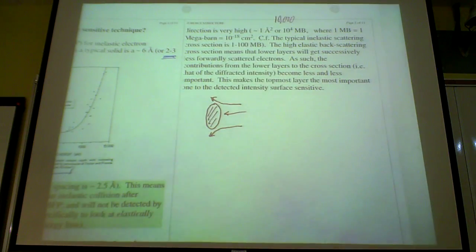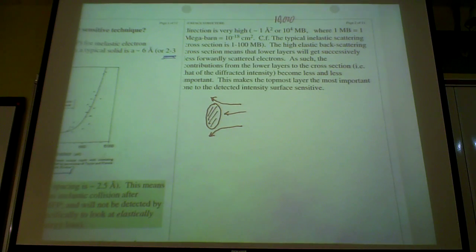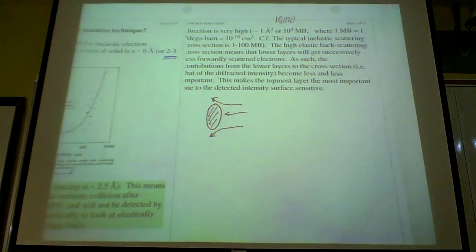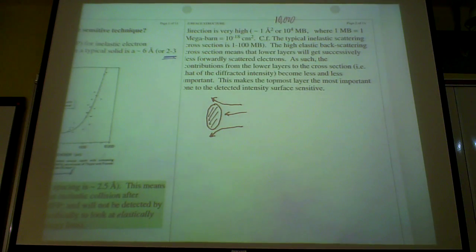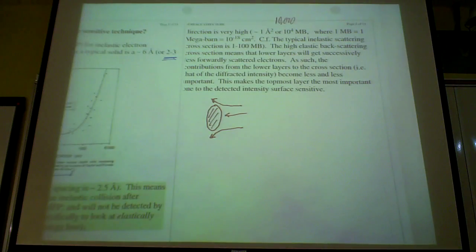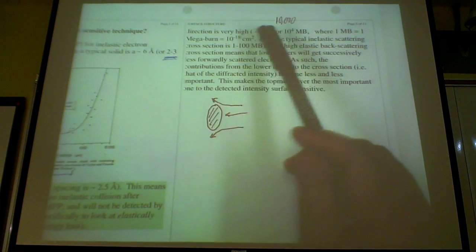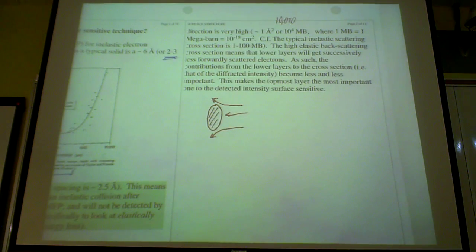The jargon is that 1 megabarn is 10 to the minus 18 centimeters square. In the old days, of course, particle physicists used CGS units, not SI units, so the unit of length is centimeters, not meters. That's the history of this. The point is that elastic scattering is 10,000 megabarn or 1 angstrom square.